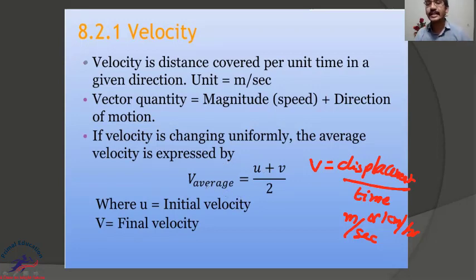What is initial velocity and what is final velocity? We can discuss. For example, you started a car in front of your house, the car speed is 0. And there are few people, you can't suddenly go 90 km per hour. You'll go very slowly.